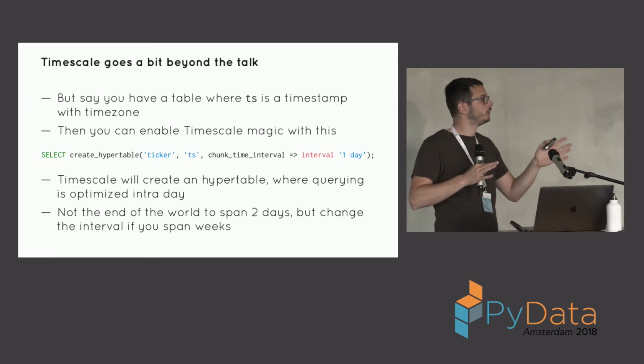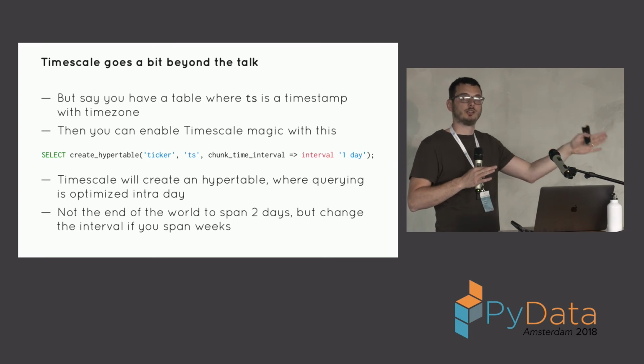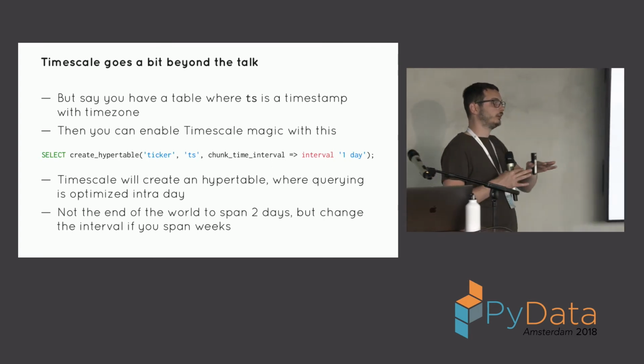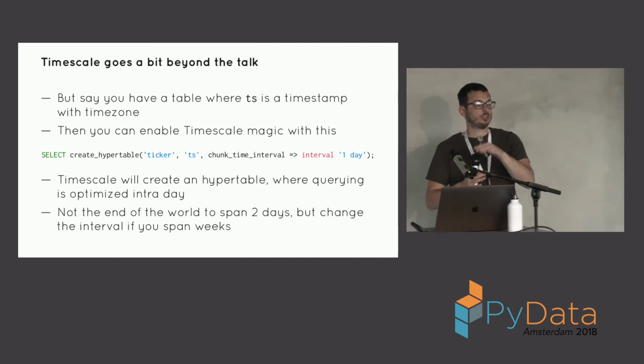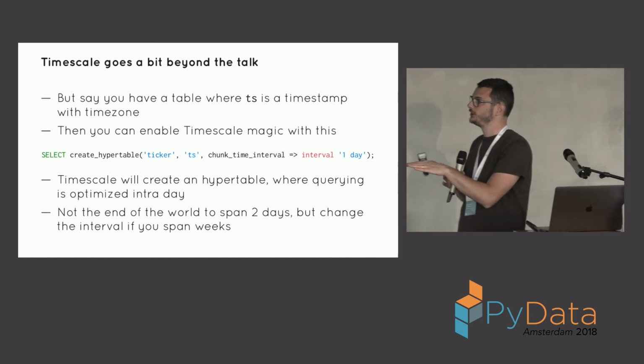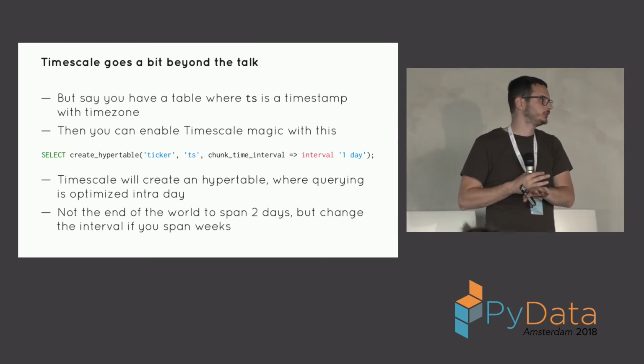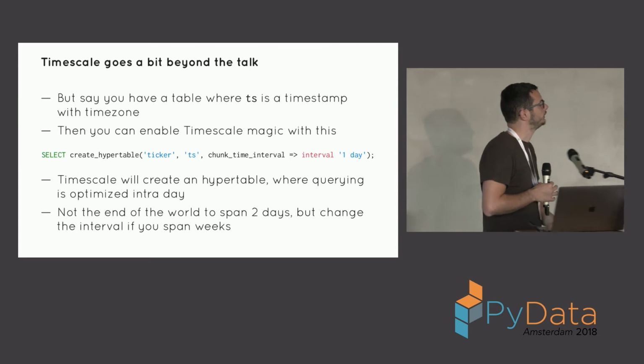So data comes in maybe from GDAX, and there's a particular timestamp, but a couple of seconds later, because the network was slow, data from Bitonic comes in, but you still want them to be ordered. So Timescale will reorder the data on disk, and so will make your queries much faster. And we will see some performance numbers later.